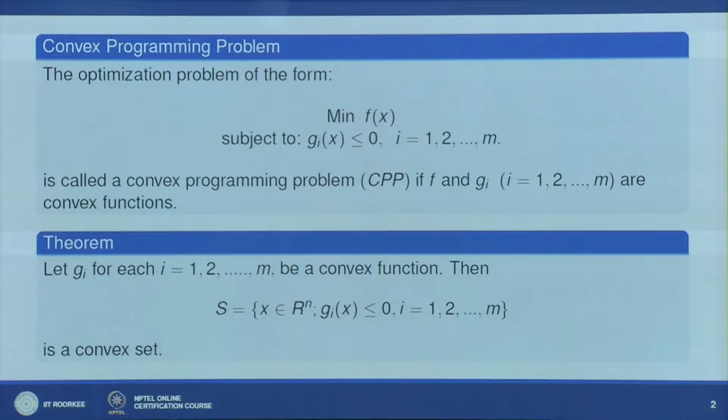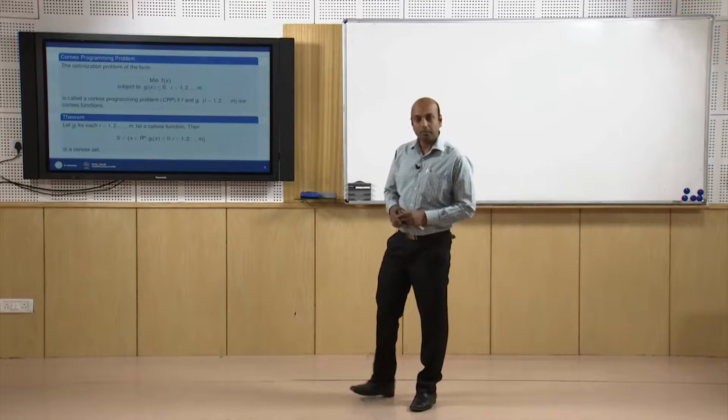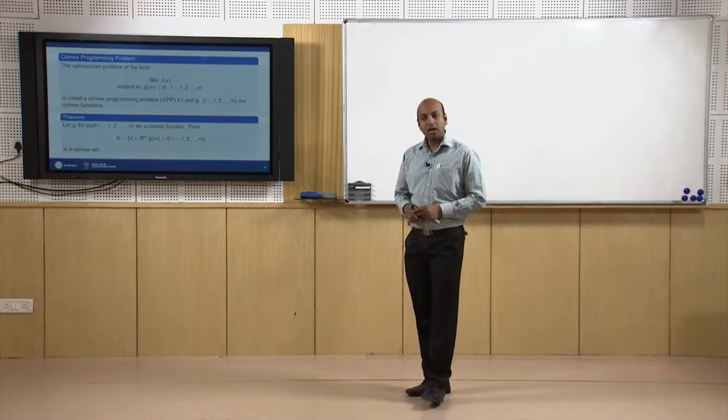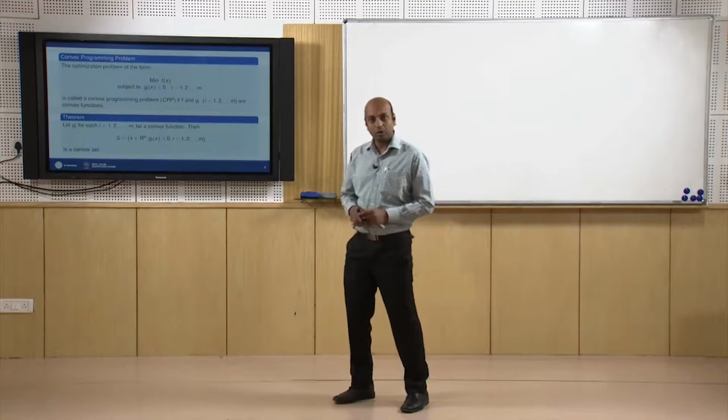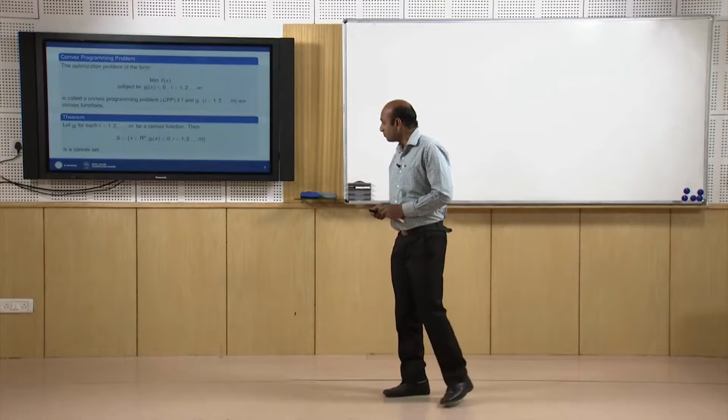So, a problem which is of minimizing type with all constraints of less than or equal to type is called a convex programming problem if the objective function f and all the constraints g_i are convex. We call such problems convex programming problems.